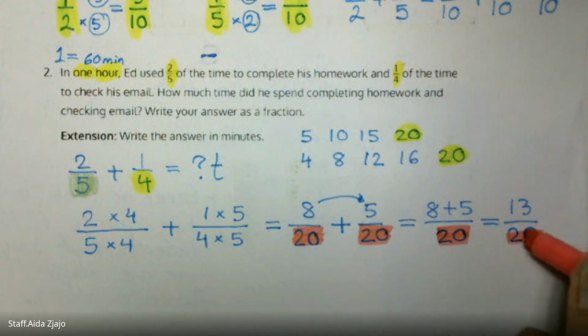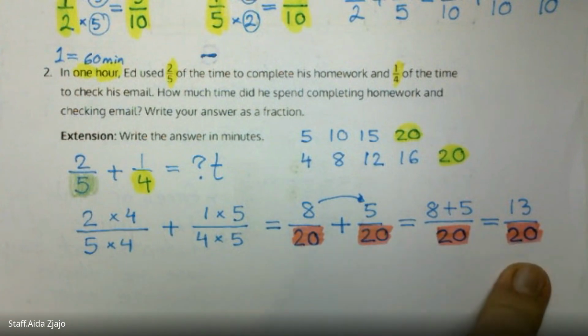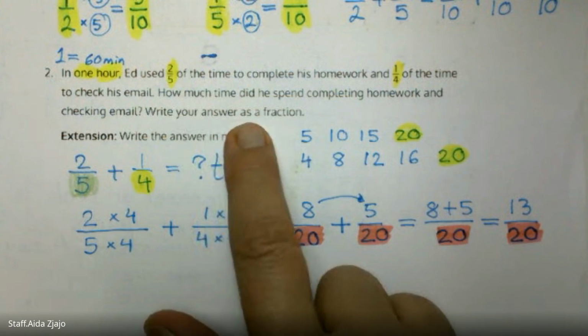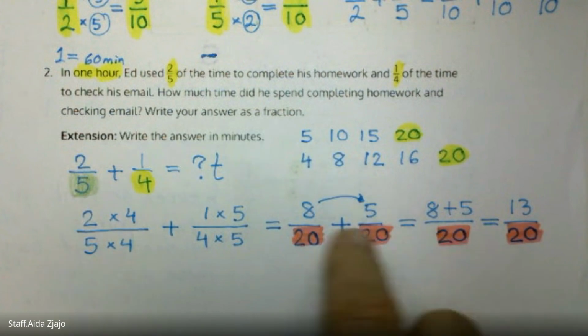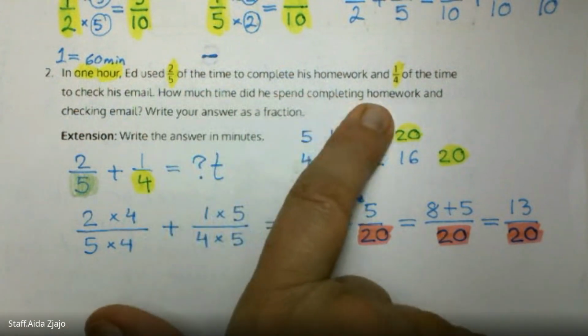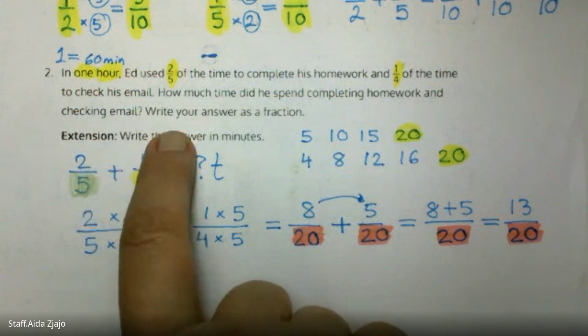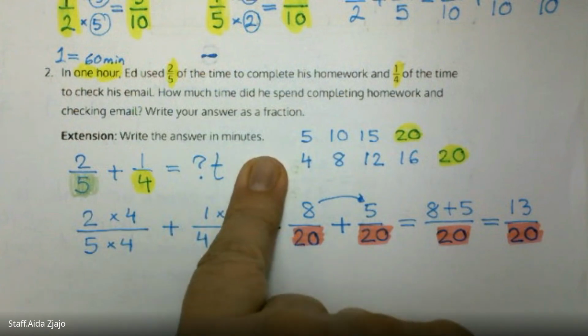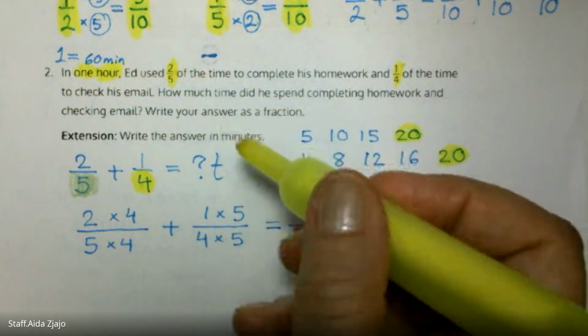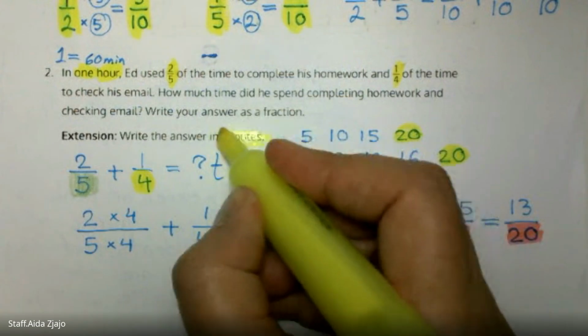But the question is not just that. The question says, write your answer as a fraction. That's the fraction, 13/20ths. And how much time did he spend completing homework and checking email? Write the answer in minutes.